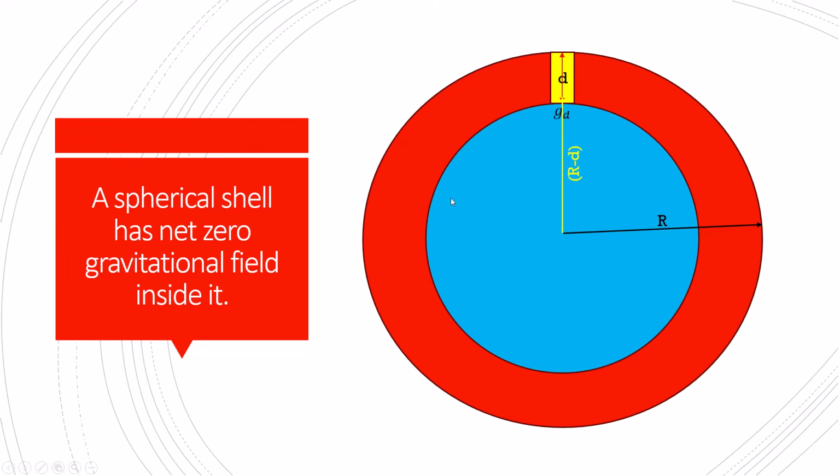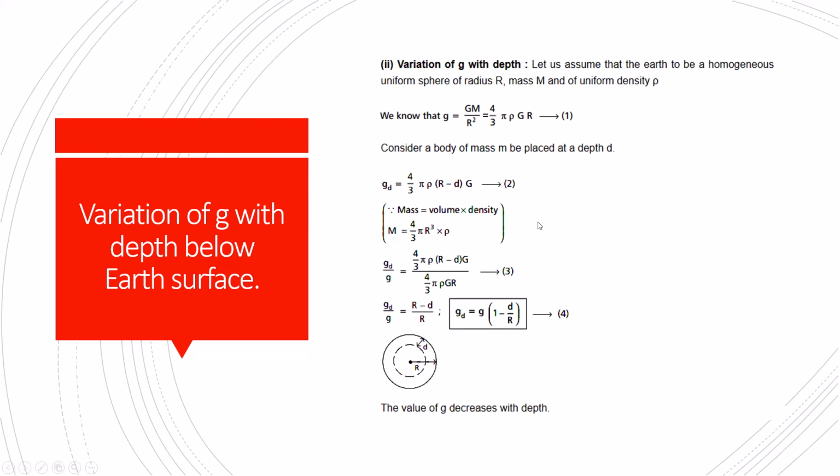Now this sphere of radius r minus d will have impact on gravitational acceleration at that point, and in this calculation we assume the Earth to be a homogeneous uniform sphere of radius r, mass m, and of uniform density rho.